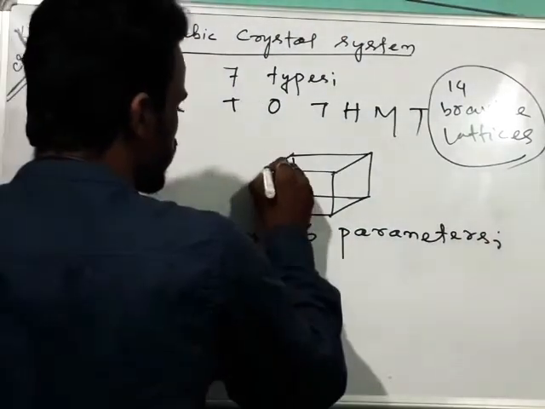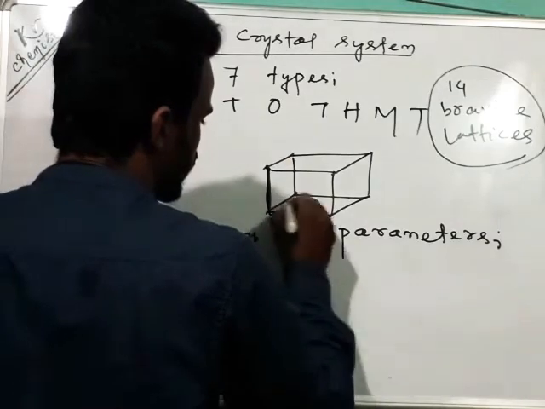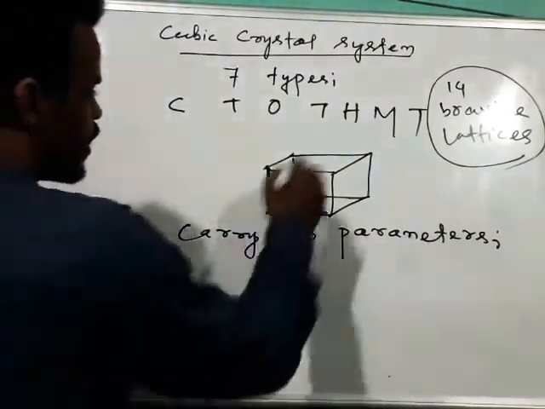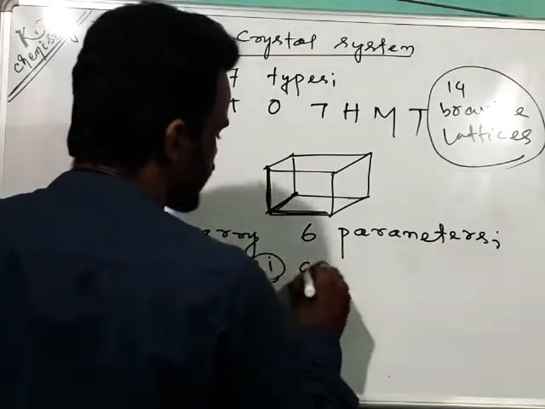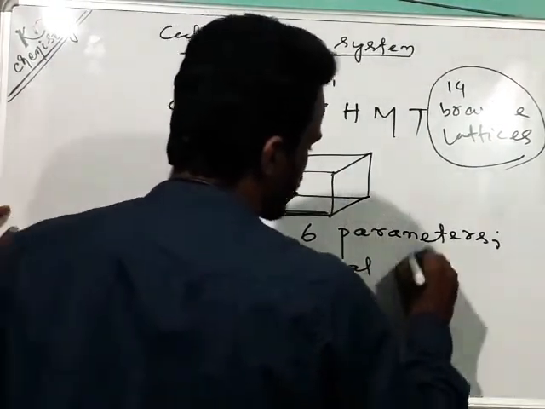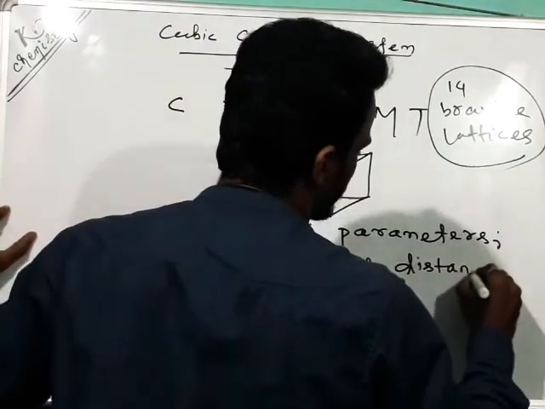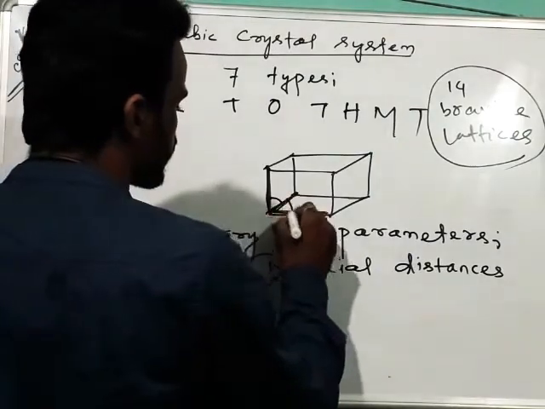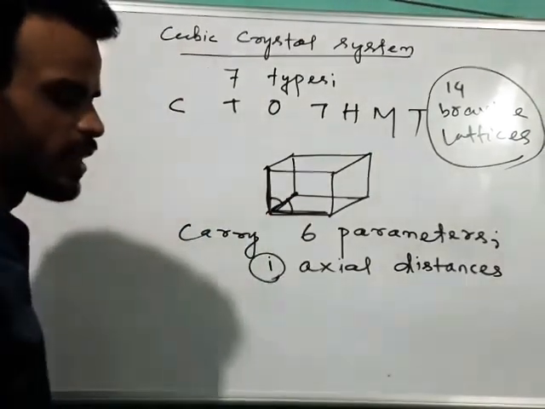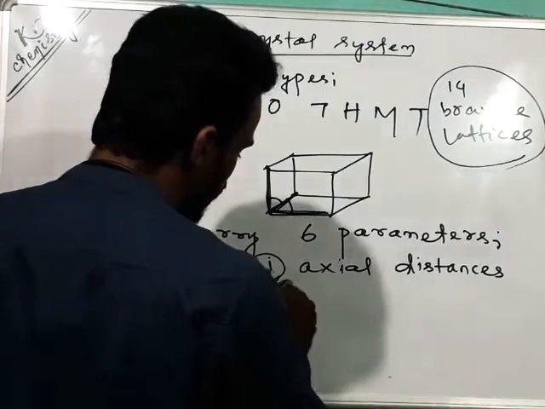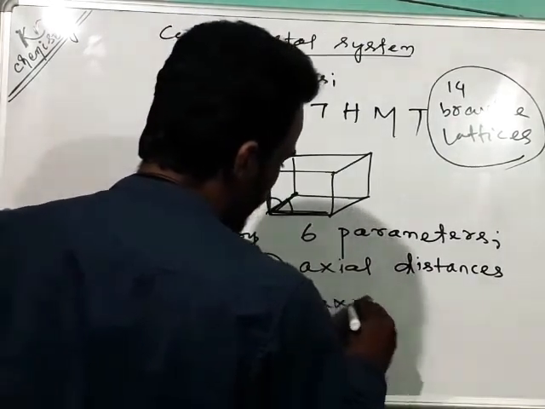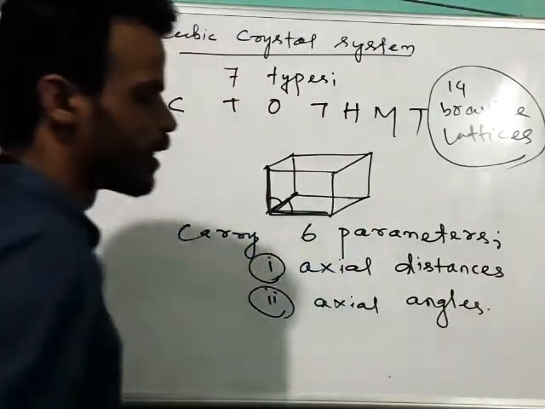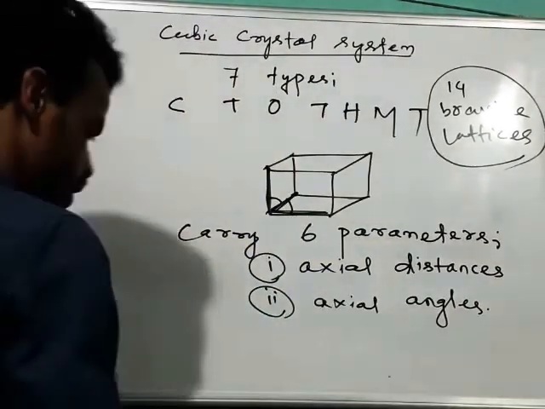On the basis of their edge lengths, these are called axial distances. And on the basis of the angles between those axial distances, these are called axial angles.